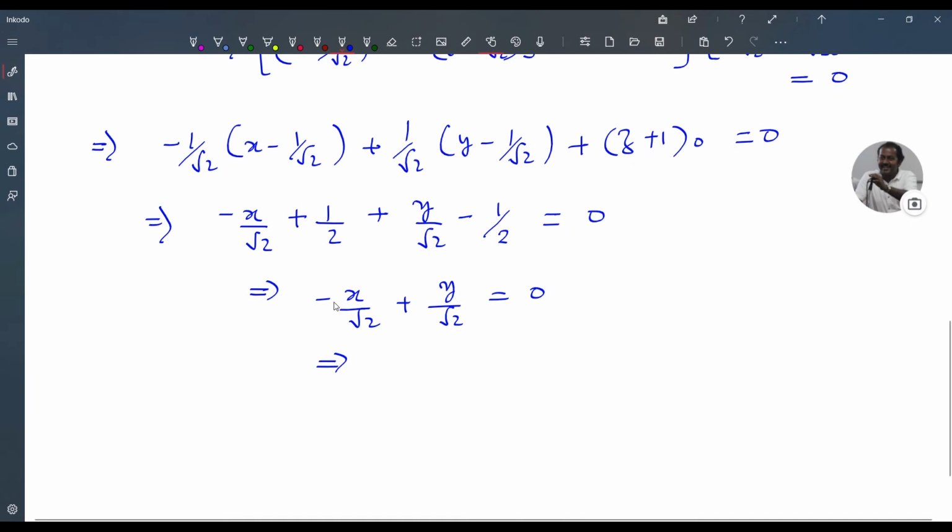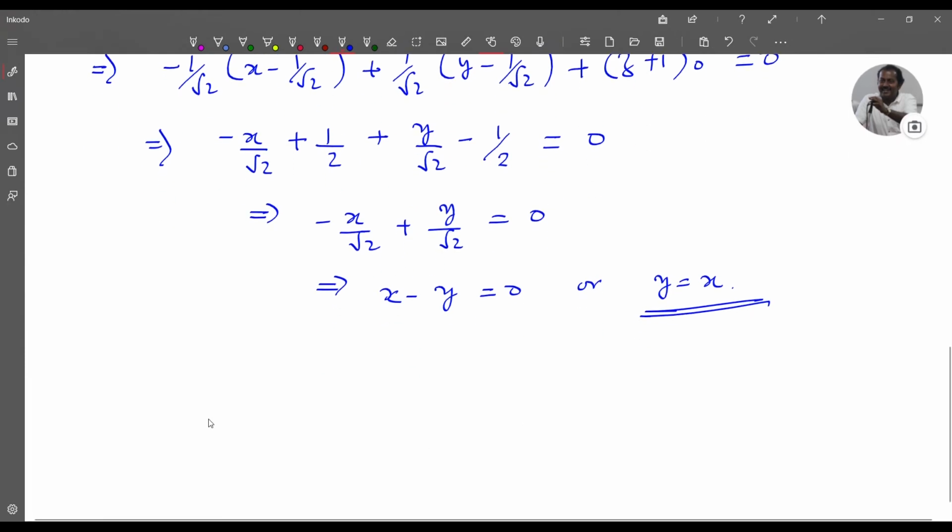Multiplying throughout by minus root 2, you will get x minus y equal to 0, or y equal to x. Therefore, the equation of the normal plane is x minus y equal to 0.